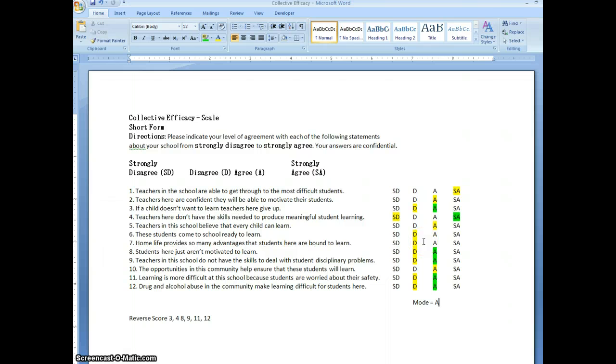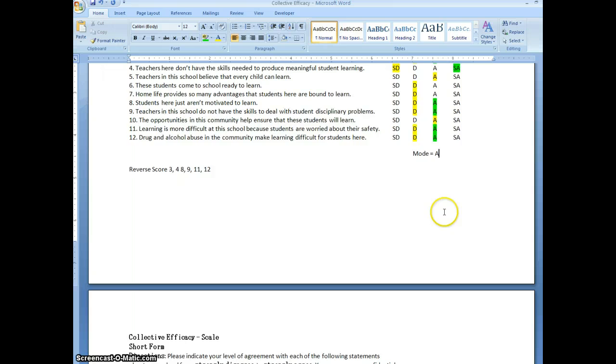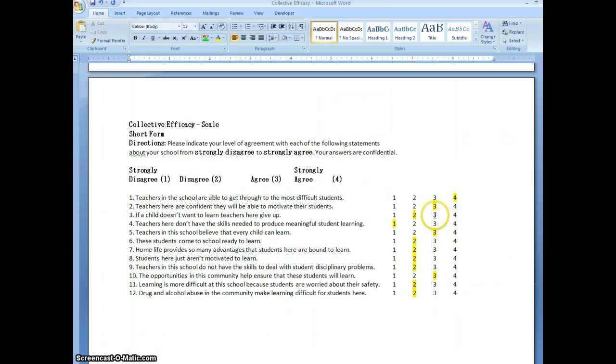Now, very often, and this is where we get ourselves into trouble, very often we will want to make things easy and do this. We'll take these strongly disagrees and we'll turn it into numbers. The biggest mistake people make is to think that, okay, now these are numbers and I can add 4, 3, 2, 1, 3, 2, 2, 2, 2, 2, 3, 2, 2.